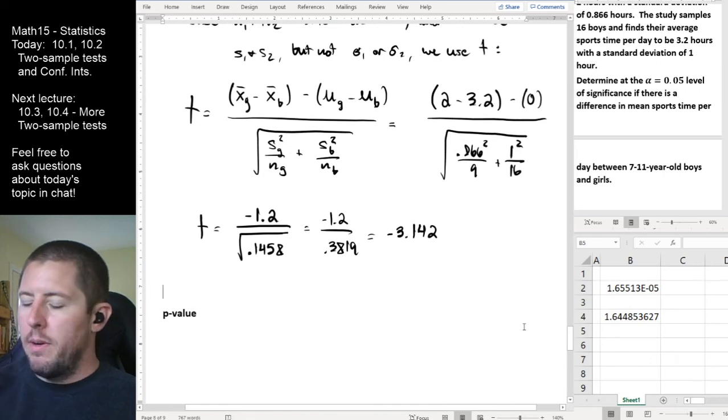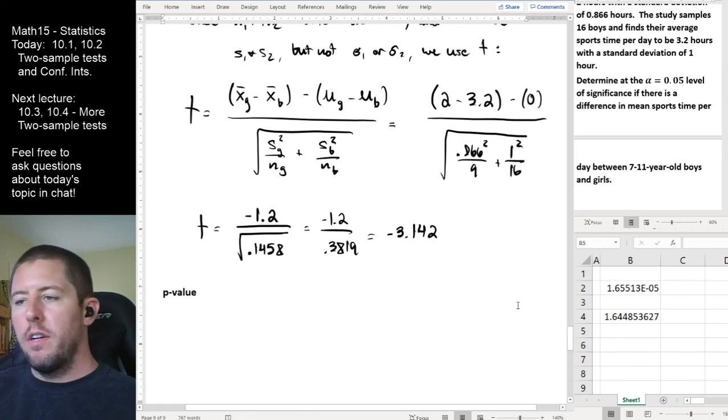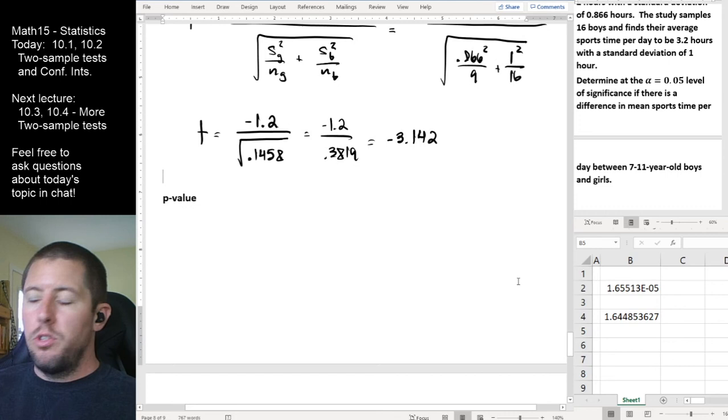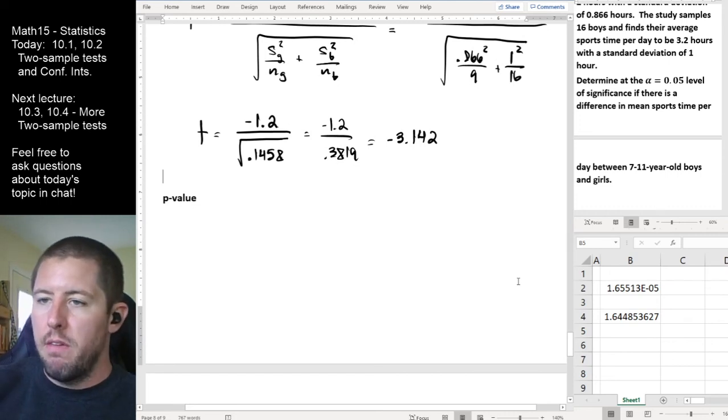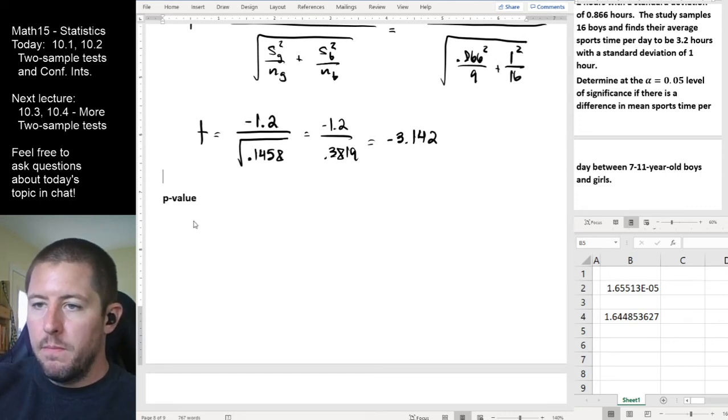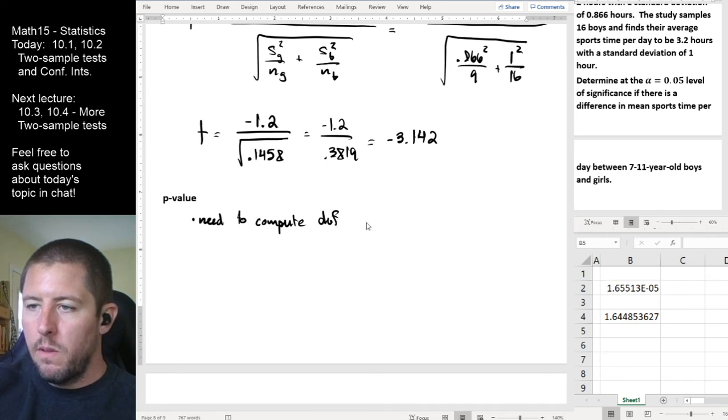So let's go ahead and determine what the probabilities associated with this are. Let's remember two things that we're going to need for this p-value. One, we need to compute the degrees of freedom associated with the t-distribution.